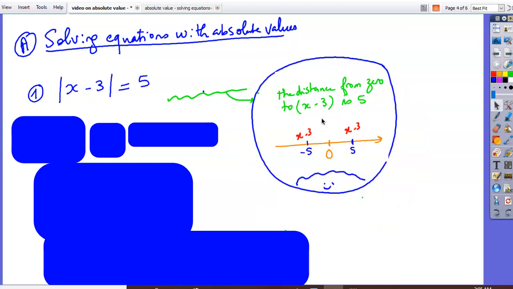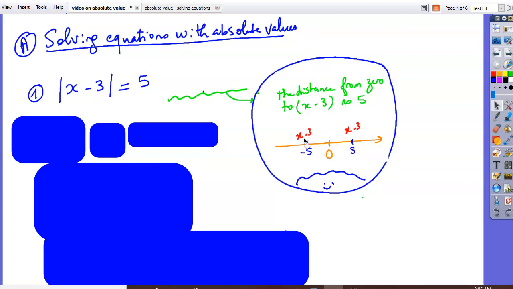So we have to take the distance from 0 to x minus 3 as 5 units. The distance is 5 units if I put the quantity x minus 3 at -5 or at 5, because the distance from 0 to -5 is 5 units and the distance from 0 to 5 is also 5 units.